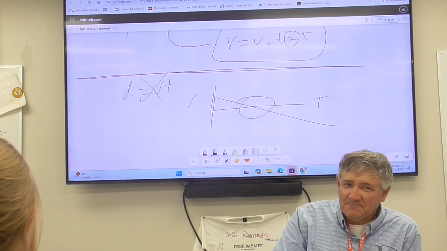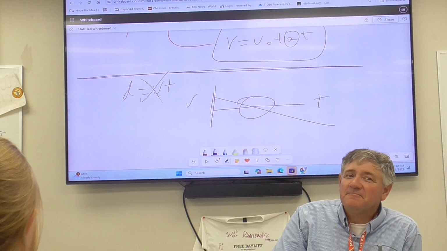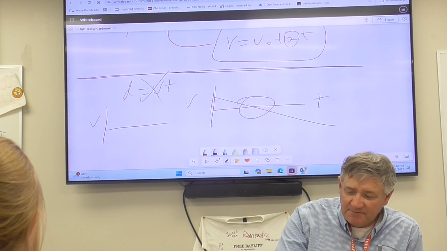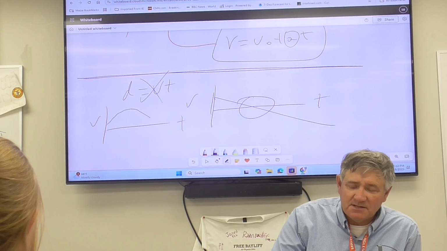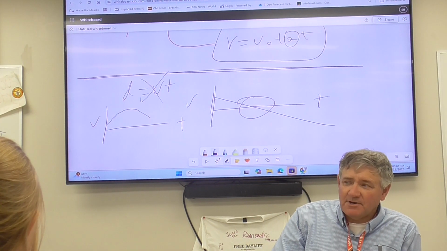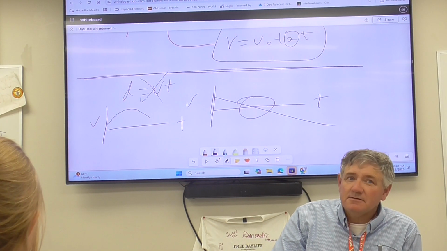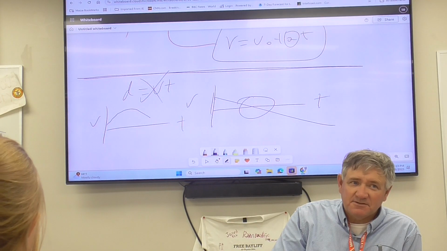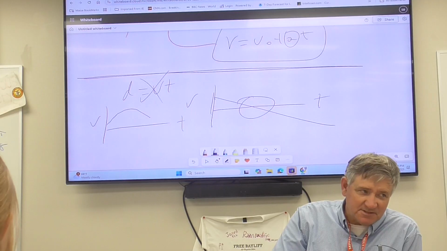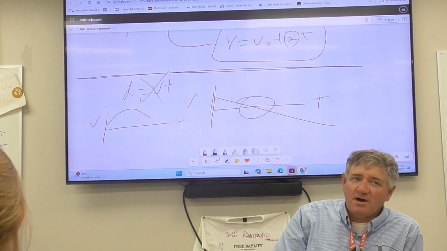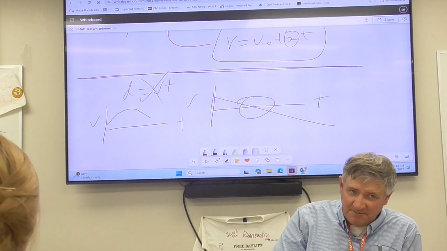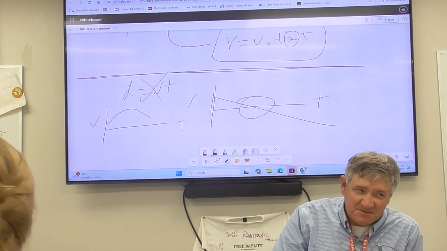Well, you can change the sign of the slope without changing direction. So here's a velocity time graph. It does this. Did the slope of the velocity time graph change sign? Yes. Did it change direction? No. How do you know it didn't change direction? It never crossed zero meters per second.